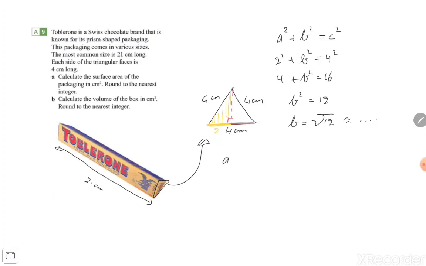Now, to calculate the area of the triangle, we need to do a half times the base, so times 4, times the matching height, so the square root of 12. But on the other side there is another triangle, so we can also say we're going to calculate 2 times the area of the triangle, so multiply the whole calculation by 2.